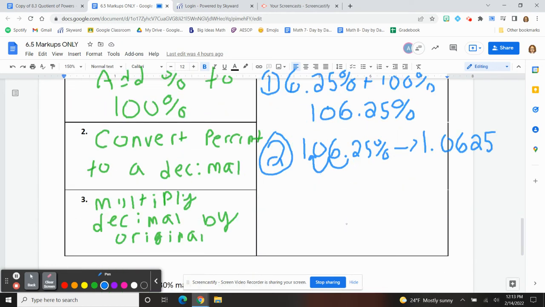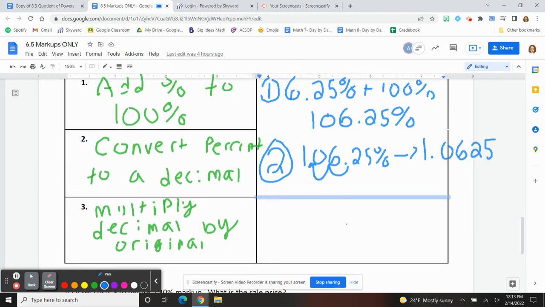And last but not least, we have one final step. What is our final step? Dory!